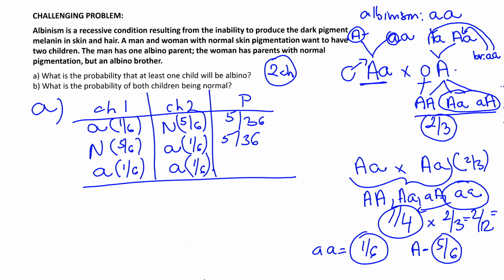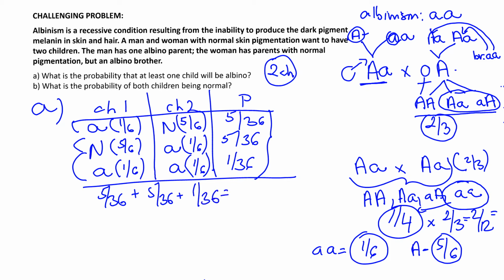Now, to answer the question, you have to consider that to have at least one child albino out of two children, it might happen either this way or this way or this way. So you have to add all these probabilities. You have to use the addition rule, which would be 5/36 plus 5/36 plus 1/36, which is 11/36. And that's the probability to have at least one child albino out of two children.